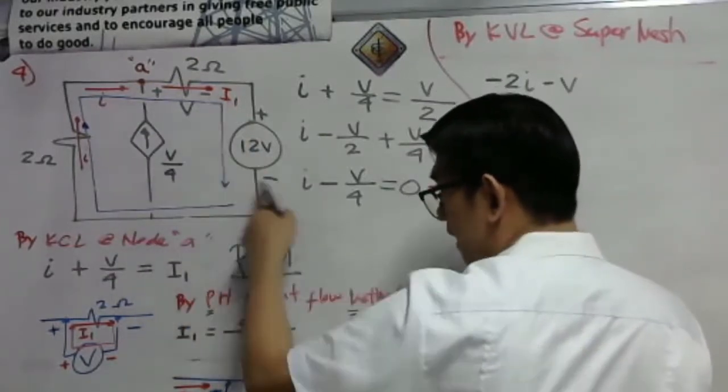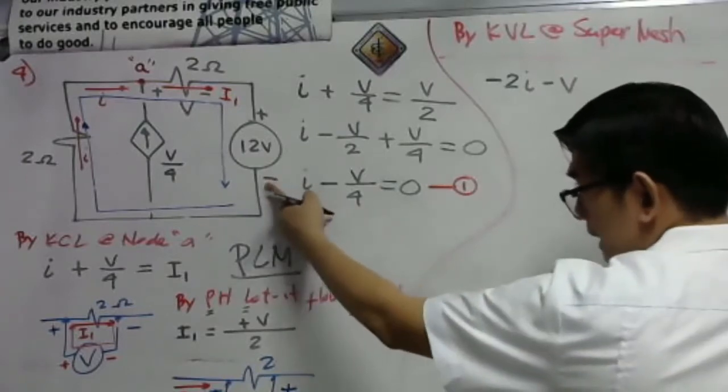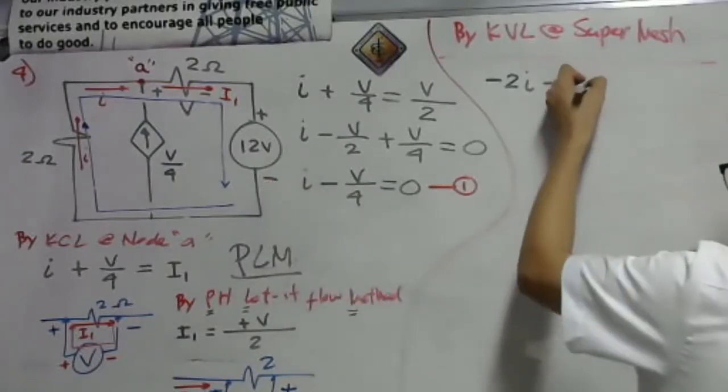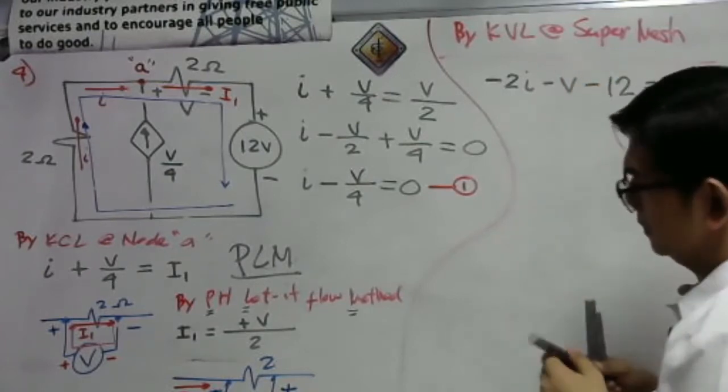It leaves on the negative terminal of the 12-volt source, so that should be negative 12. So, minus 2I minus B minus 12 is equal to 0.